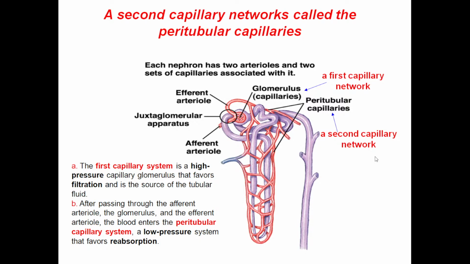Filtration of protein-free fluid from the glomerular capillaries increases the osmolarity of blood entering the peritubular capillaries, which assists in water reabsorption from the nephron. This promotes glomerular-tubular balance, in which the rate of proximal tubular reabsorption is proportional to the rate of filtration, providing a consistent rate of fluid delivery to the distal nephron.